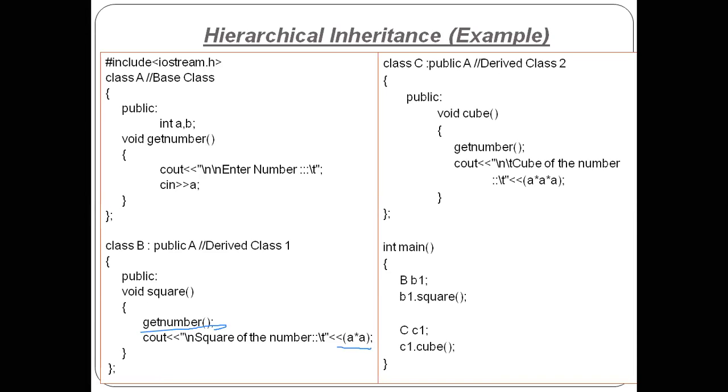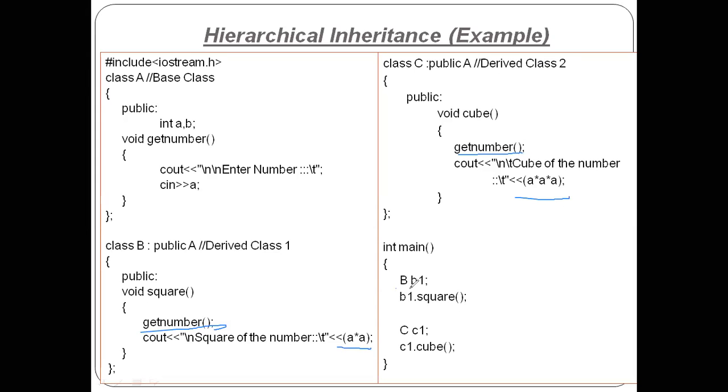So again inside the cube he calls the same function and calculates the cube for that same number. So how are you going to provide the call for each and every class?